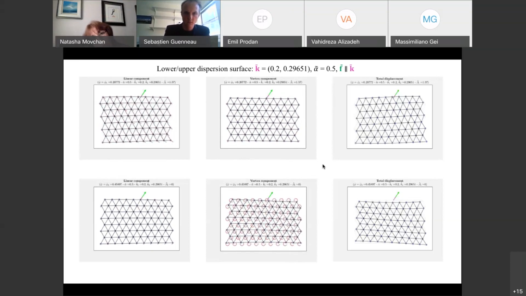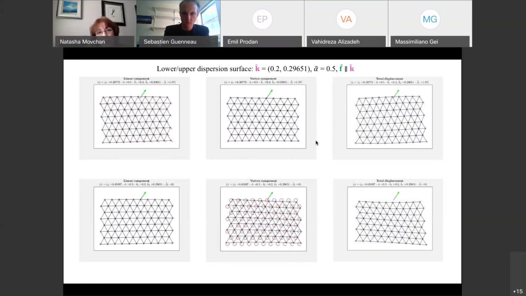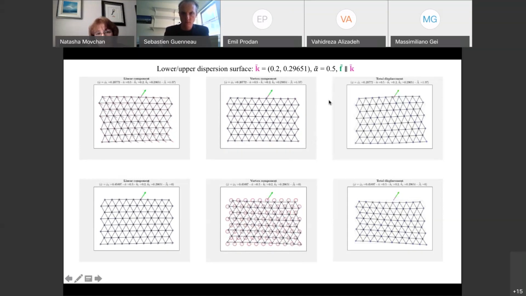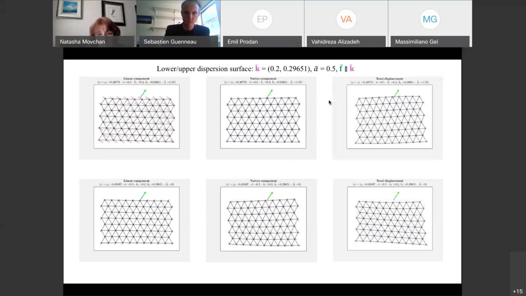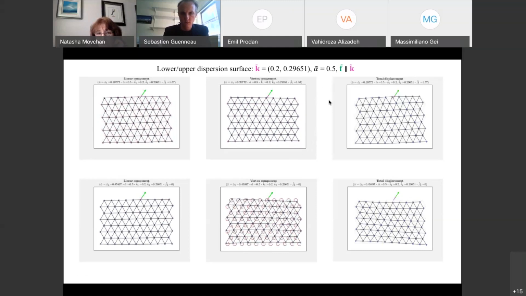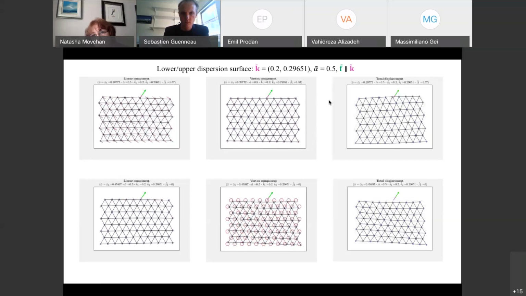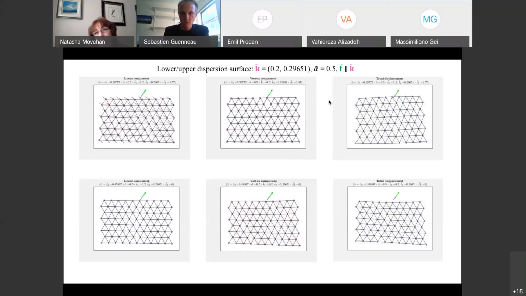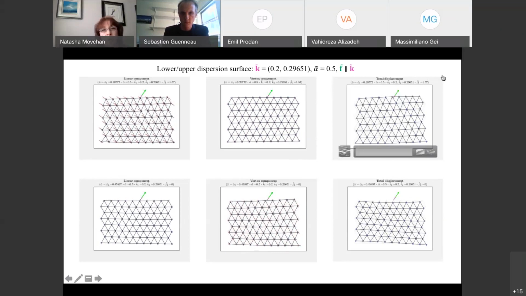If you look at the direction in which particles move on the low surface at the top of this diagram, we have it rotating counterclockwise, and at the bottom diagram, we have the upper dispersion surface where they rotate in the opposite direction. And I'm now going to click on the total displacement, and you can see the resulting elliptical trajectory, which is a linear combination of the linear component and the vortex component.